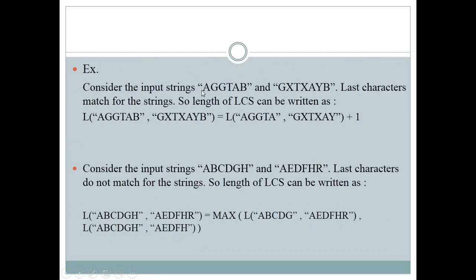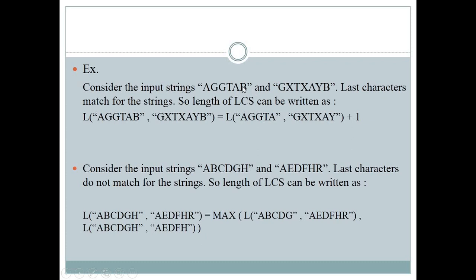This example says that if we have two subsequences, or we can say two strings, and the last characters of the strings are matching, here our sequences are AGGTAB and GXTXAYB, and in both sequences the last character is matching, then the length of our longest common subsequence will be the length of the longest common subsequence of these two strings without the last character.